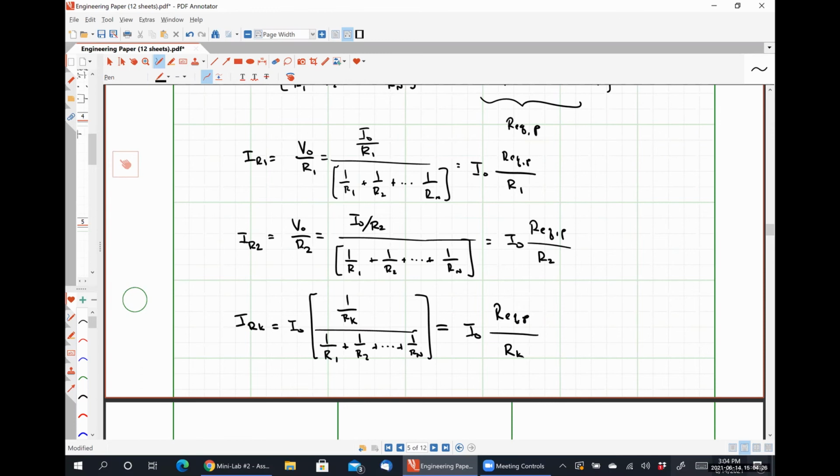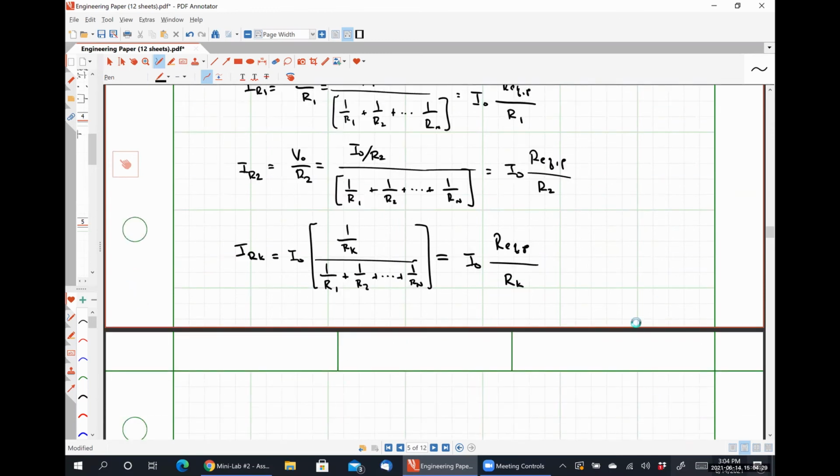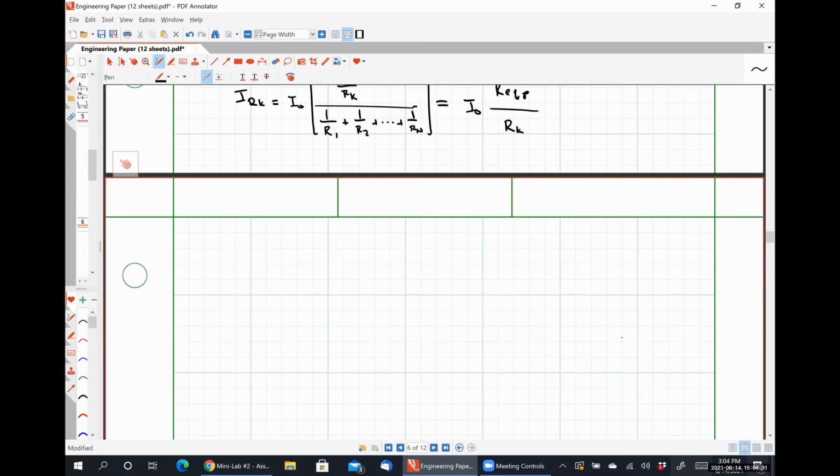So to give you guys some help about how this is used, let's say that I have the following circuit. Sorry, 2 ohms.